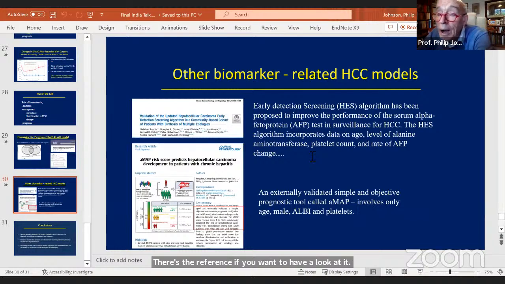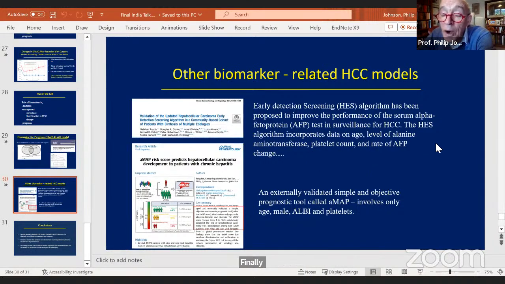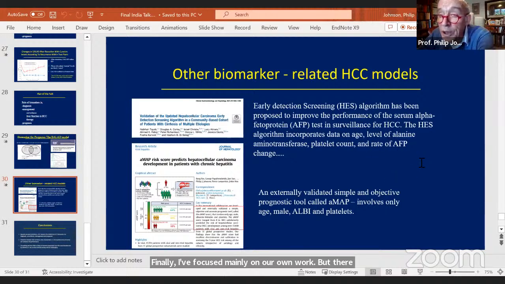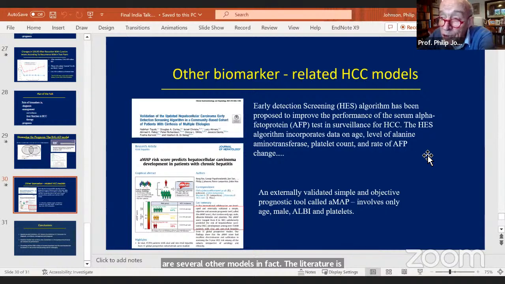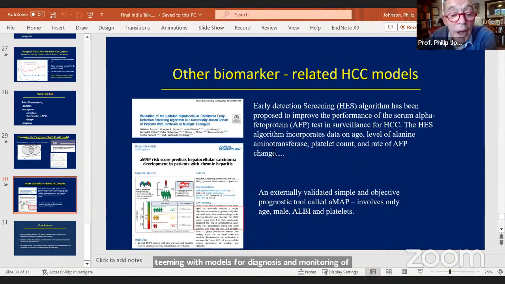Finally, I've focused mainly on our own work, but there are several other models. In fact, the literature is teeming with models for diagnosis and monitoring of therapy. The important ones are the AMAP score, at the bottom here, and the HES score.